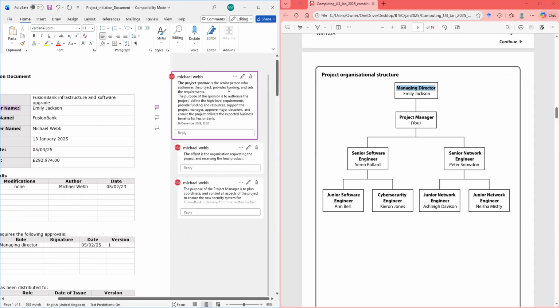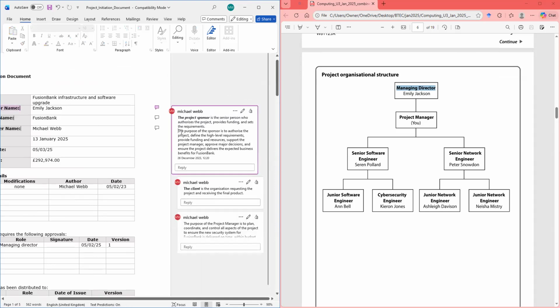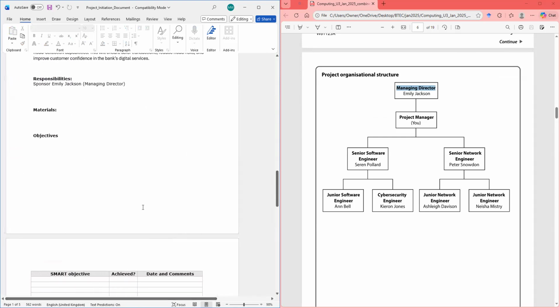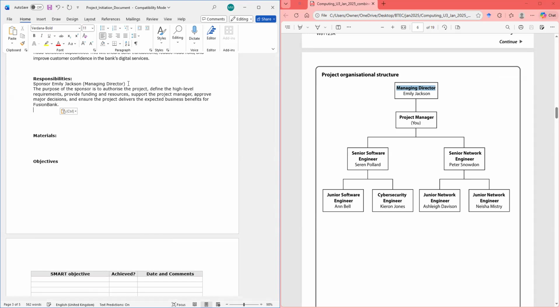All right. So the purpose of the sponsor, right? I'm just going to copy and paste it down here. When you're going into the exam, have a generic one that you can think about, because most sponsors do the same thing.